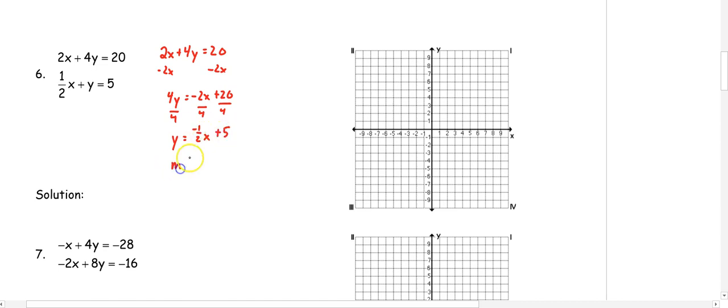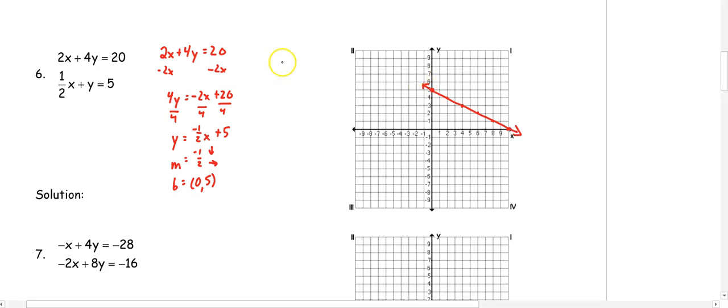So in this case, my slope would be -1/2, and my b value would be 0, 5. So I'm going to go to 5 on the y-axis, and then I'm going to use my slope down 1, right 2. I'm going to go down 1, right 2, all the way across the graph, and connect my line.